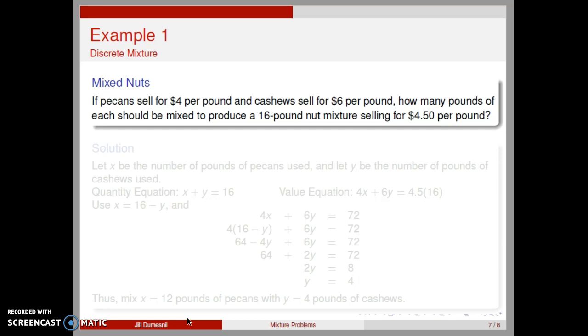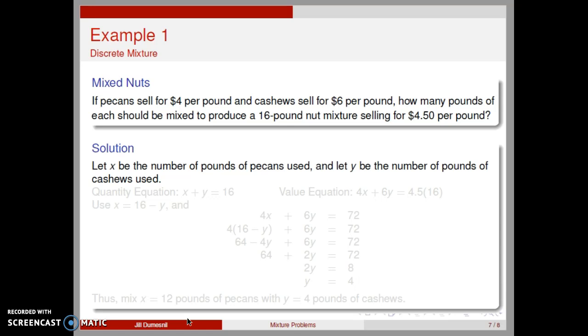We want to find the amount of pecans and the amount of cashews to mix. I like to clearly delineate the start of the solution. I'll let X be the amount of pecans needed and let Y be the amount of cashews needed for the desired mixture.